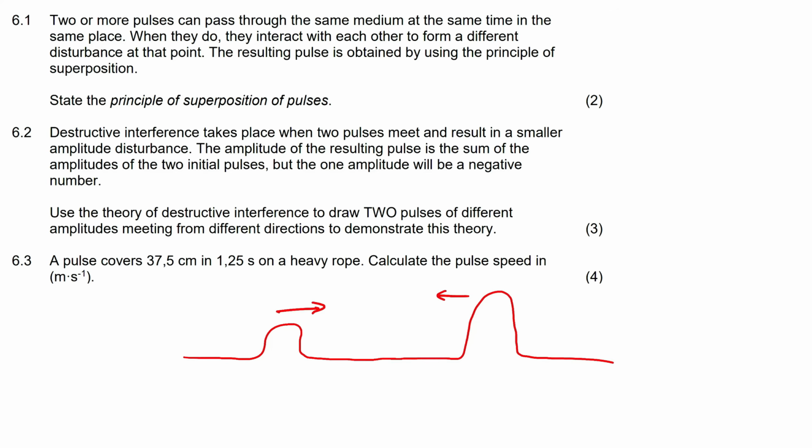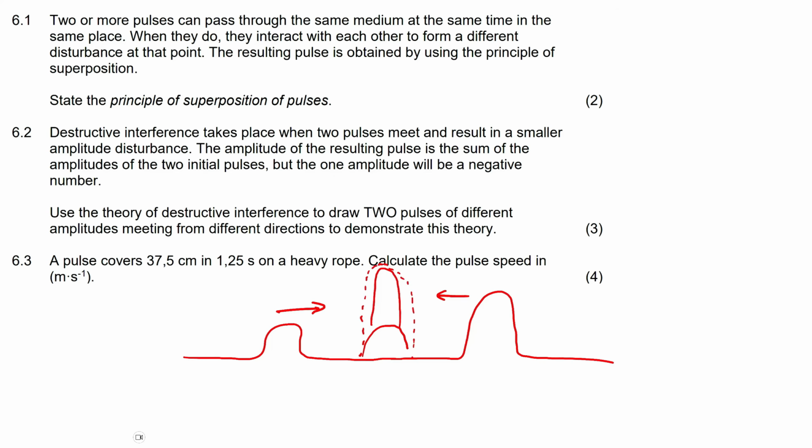If you've watched the lessons on waves, when these two pulses arrive at each other, you're just going to have this smaller one, and then this bigger one is going to add onto that one, so the total height will just be the sum of both of them added together. Okay, we've learnt about that.